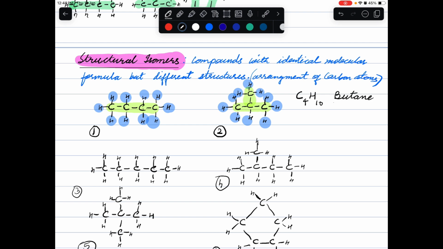We will learn how to name compounds later on. But you have to remember, butane with the formula C4H10 exists in the form of 2 structures. These are structural isomers. They differ only in the arrangement of carbon atoms. So structures 1 and 2 are isomers of butane.